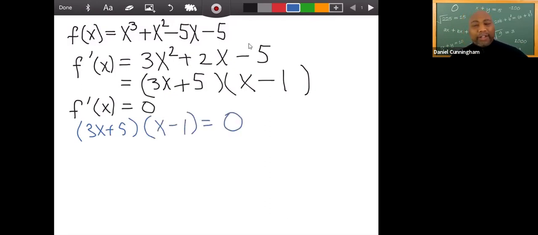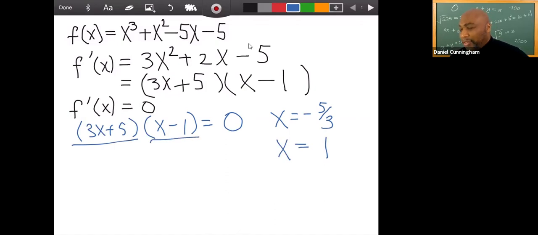I've already put it in factor form, so it's easy to solve for what x has to be. We have two values. x is equal to negative 5/3 from the first factor, or x is equal to a positive 1. That's what we get from the second expression for the first derivative to equal 0.